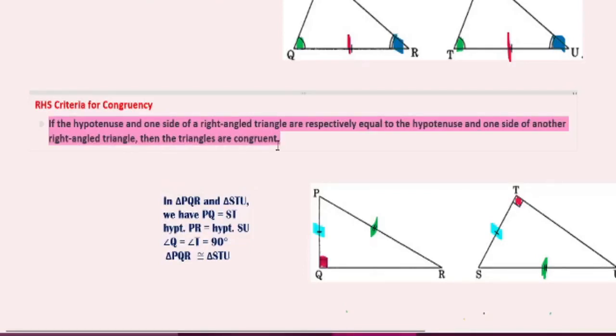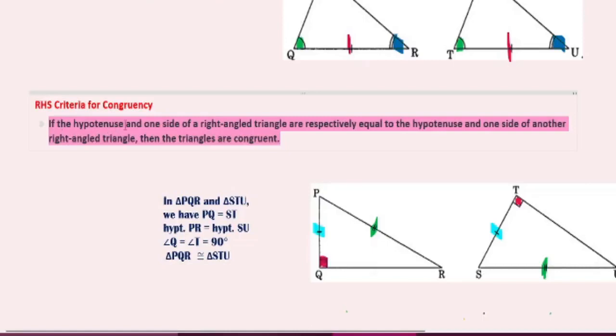So here we are given two triangles PQR and STU. One important thing is here, the two given triangles are right angle triangles. So the RHS criteria for congruency is only used for right angle triangles. Other triangles, it is not applicable.